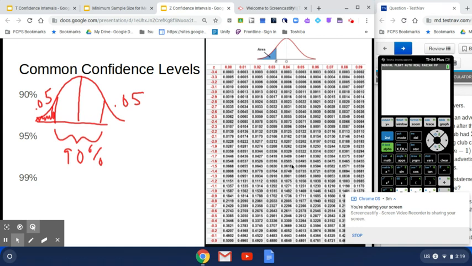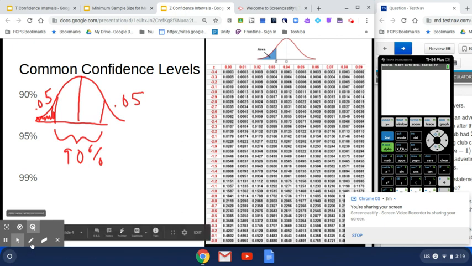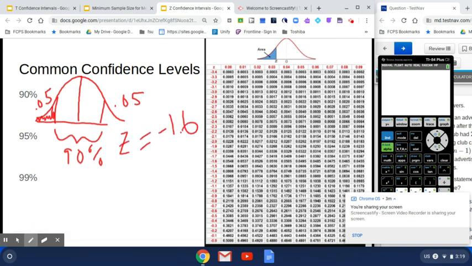When we had an evenly split probability before, we averaged the two z-values together. So if I look, this first one is negative 1.64, and this second one is negative 1.65. If I average those two values together, I get a z-value of negative 1.645.